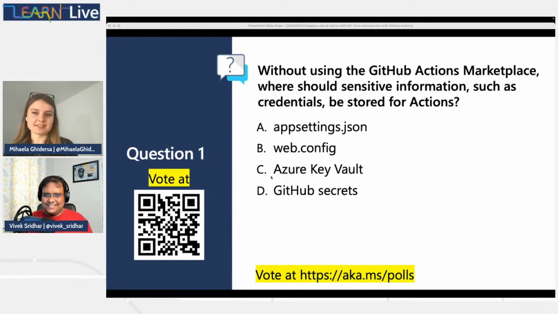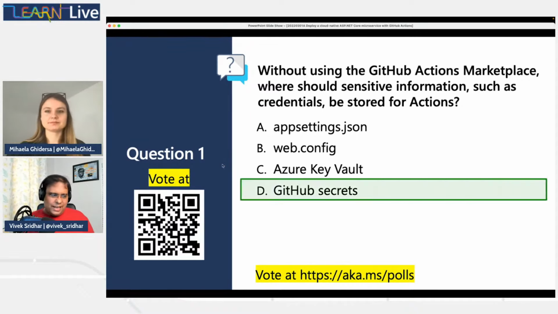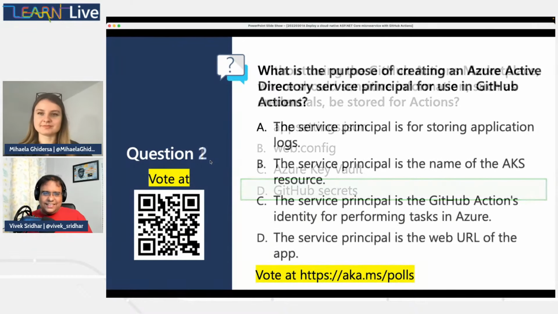So the last option is GitHub secrets, and here, as we used today, we can store sensitive information in those secrets that we created before. So I think the answer is GitHub secrets, and whoever got it right, amazing. Let's go to the next question.